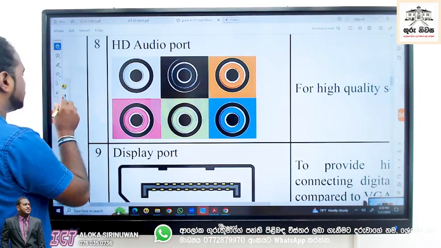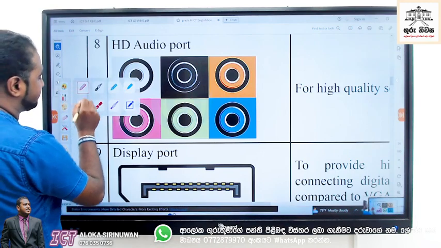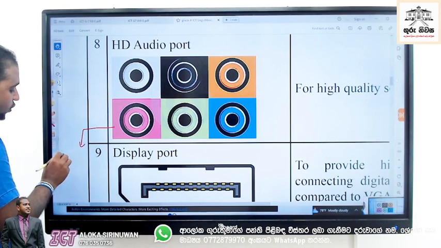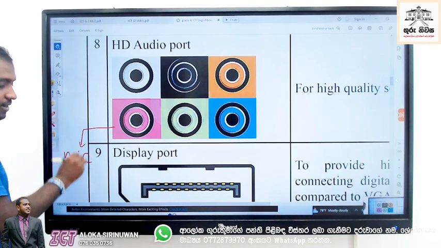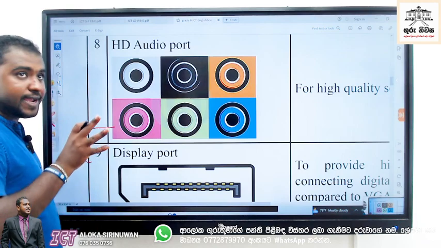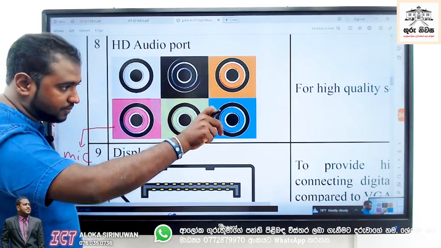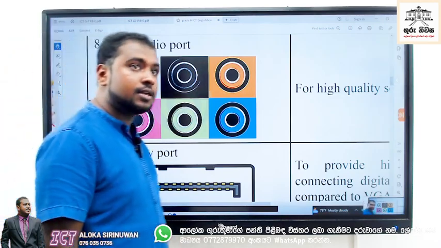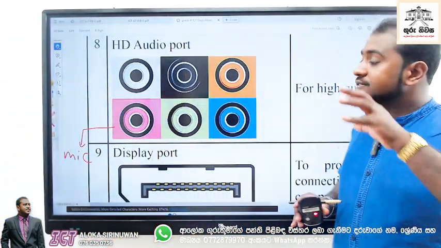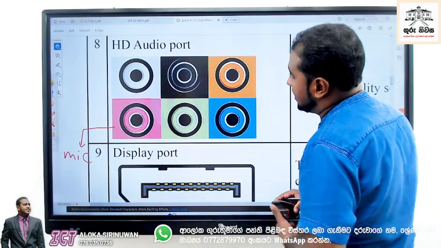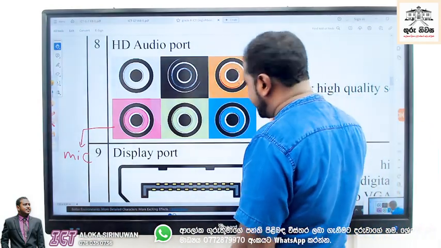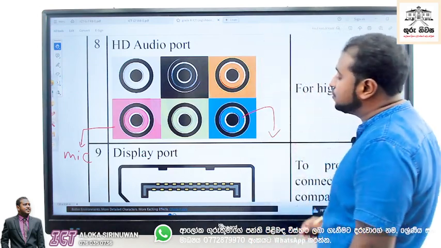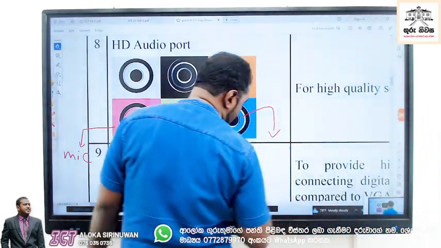Usually, you have to use this pink color port to connect your mic. You need to connect your microphone with the computer, and you should use the pink color port. If you need to insert some kind of soundtrack to the computer, you use this blue color, known as audio in.